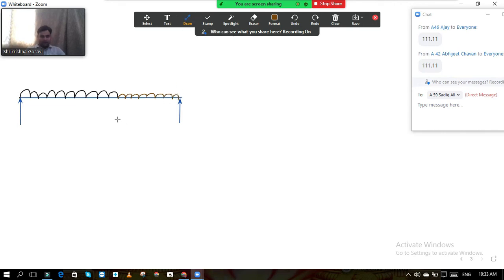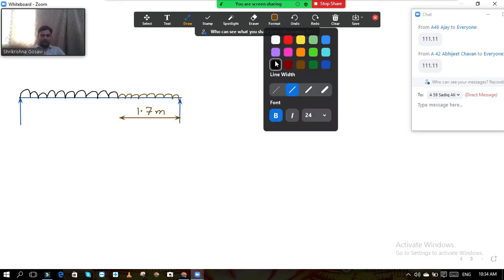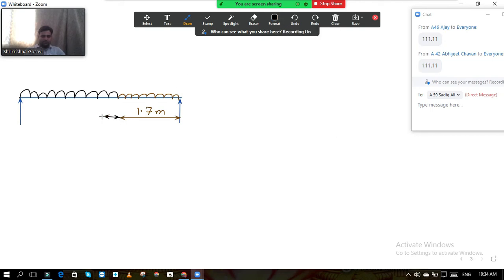What are the distances? This is 1.7 meter. See your main diagram at the start of the numerical; from that we have drawn this diagram. For flight BC also we have done the same thing. Now here this is 2.2 meter.